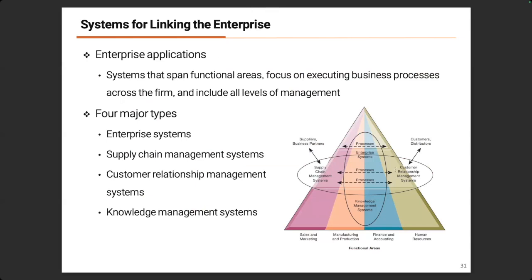So there are other systems for linking the enterprise. Beyond the systems for business intelligence or transaction processing, we have to use some systems for linking each component in business.